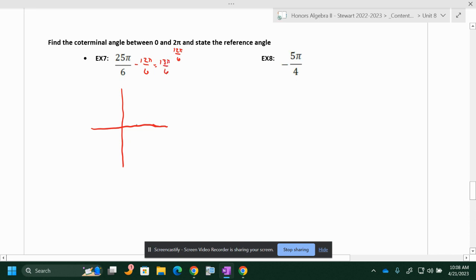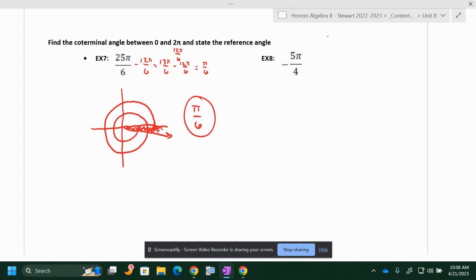Then, because 13 pi over 6 is not within that range, I subtract another 12 pi over 6 for one full rotation. I'm going to end up with pi over 6. So I'm actually going to end up here, and pi over 6 is going to be my reference angle, because that's the angle measure below 90 degrees.